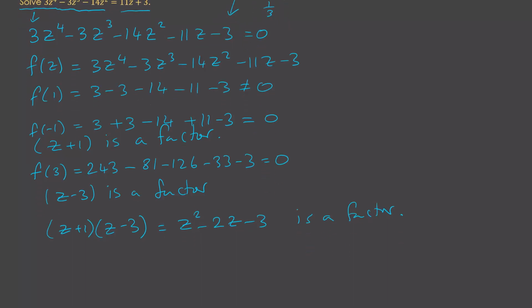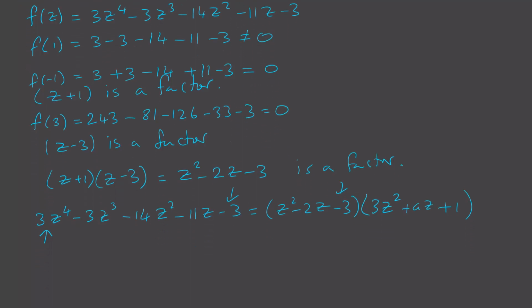So 3z^4 - 3z^3 - 14z^2 - 11z - 3 is equal to z^2 - 2z - 3 multiplied by another quadratic factor. With 3z^4 on this end, we must have 3z^2 here. This is a negative 3, this is a negative 3. We must have a plus 1 over here, and we're not sure what goes in the middle yet. But we could use coefficients.